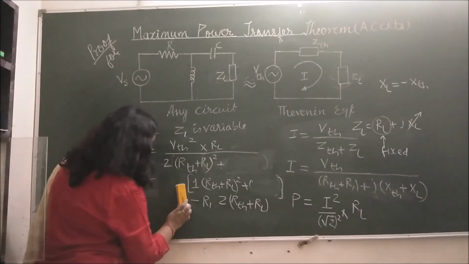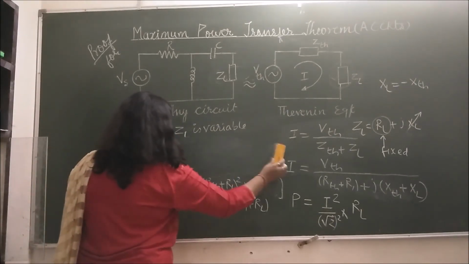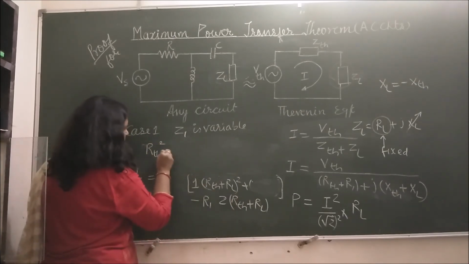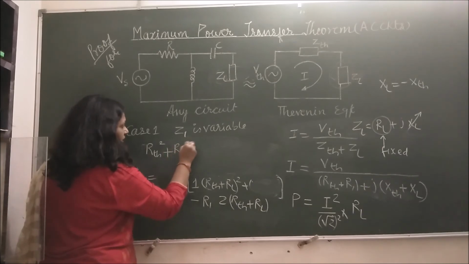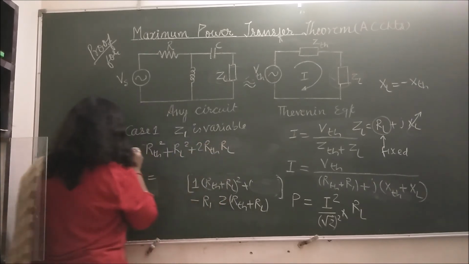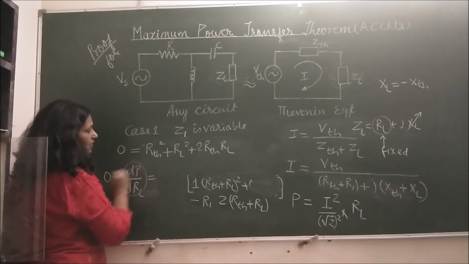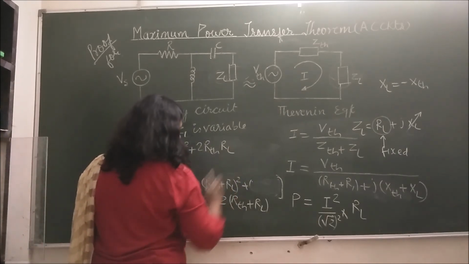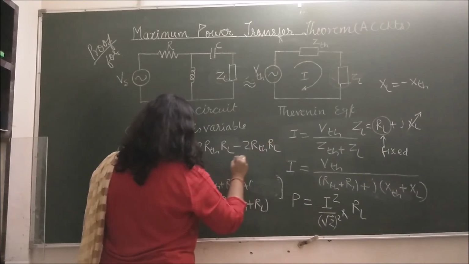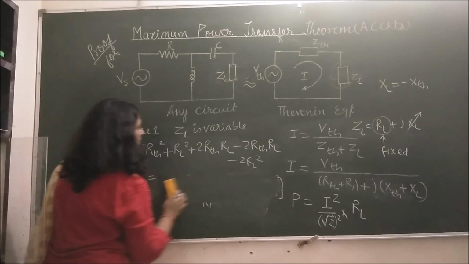Now evaluate this value: expanding the bracket, RTH squared plus RL squared plus 2 RTH RL, minus 2 RTH RL minus 2 RL squared, is equal to 0, which is the derivative of the power with respect to RL.